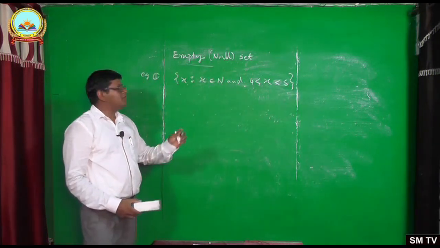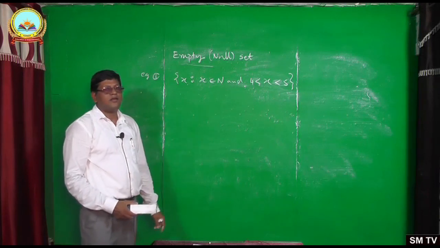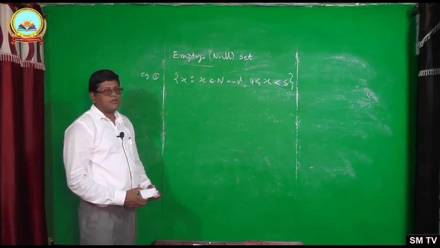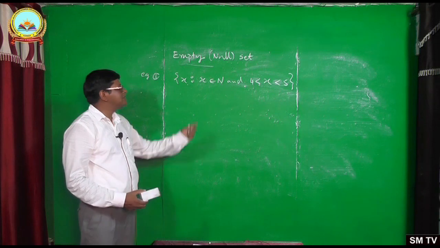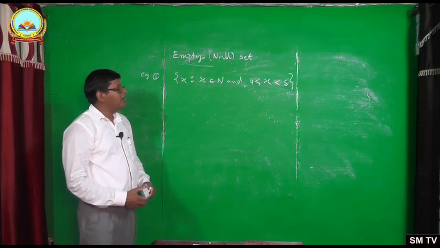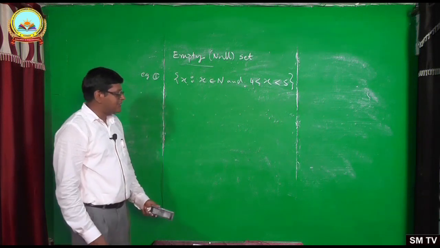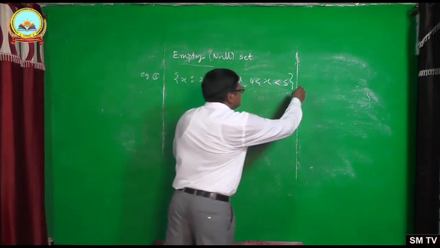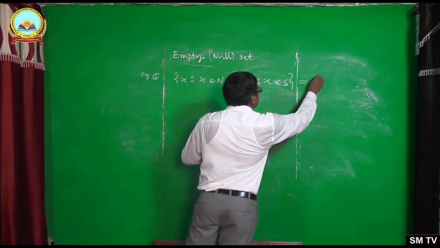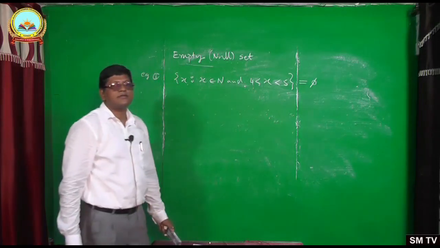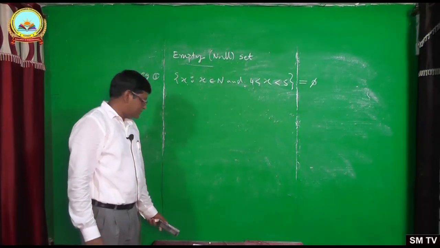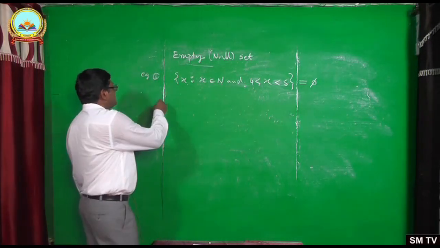Is there any natural number between 4 and 5? No, there is no natural number between 4 and 5. That means this set does not contain any element. Therefore, this set is the null set or the empty set.